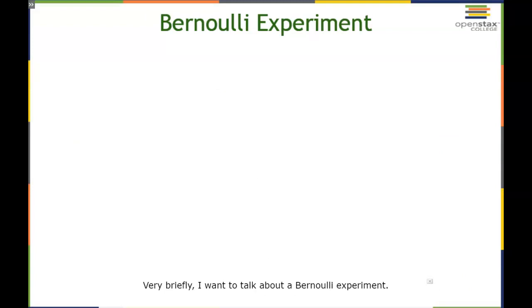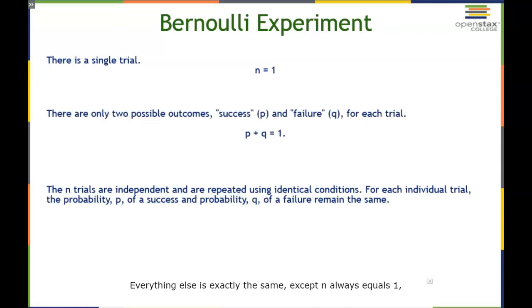Very briefly, I want to talk about a Bernoulli experiment. A Bernoulli experiment is a binomial experiment, except for one thing. There's only one single trial. N equals 1. Everything else is exactly the same, except N always equals 1.